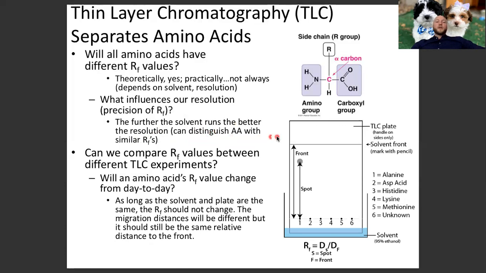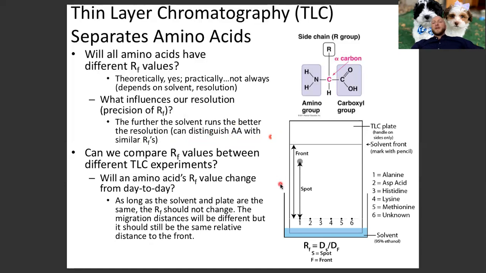Can we compare RF values between different TLC experiments? Well, theoretically, as long as the solvent and plate are the exact same, the RF value should not change. The migration distance will be different, but it should still be the same relative distance.